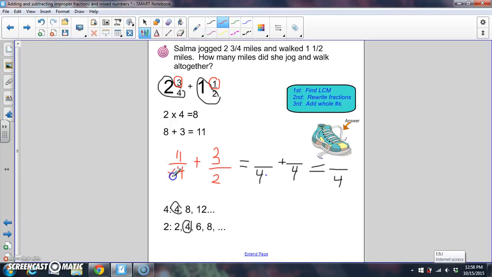Four times 1, do that to the bottom, do it to the top. 11 times 1 is 11. 2 multiplied by 2 will get us to 4. Do that to the bottom, do it to the top. 11 plus 6, 17.